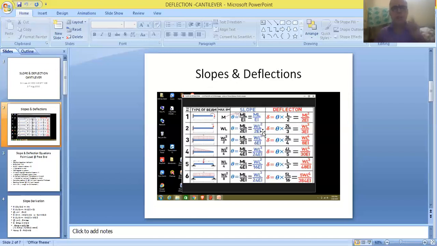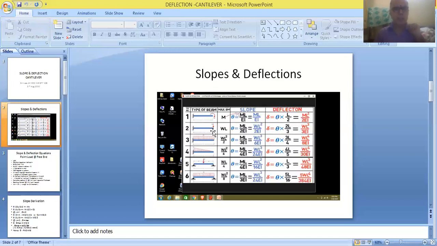And secondly, we have this parameter, capital L, for indicating the total length of the beam, that is called the span of the beam. This is the fixed end of the cantilever, this is the free end of the cantilever. The point load is acting at the free end of the cantilever.